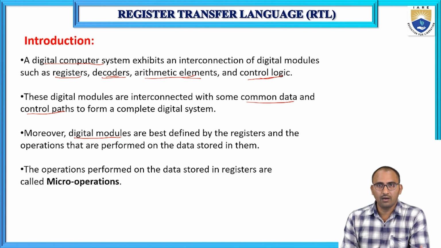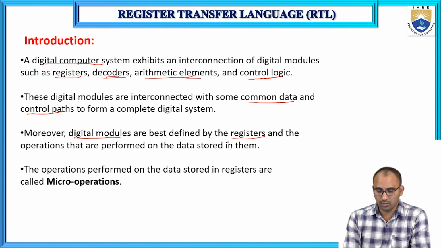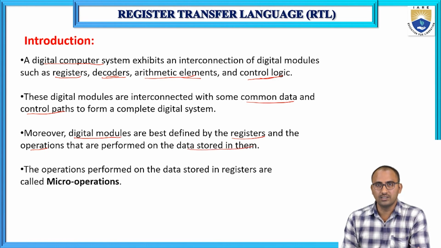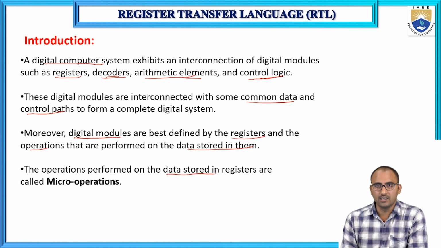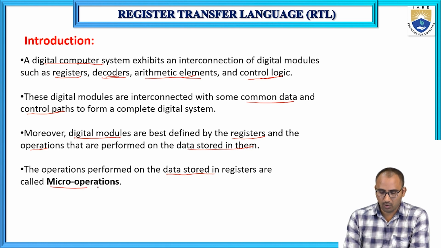We can define all these different digital modules by defining the registers and also the operations that are performed on the data stored in the registers. So the number of registers available, and the operations that we are performing on the data stored in those registers, the operations performed on the data stored in registers are called micro operations.